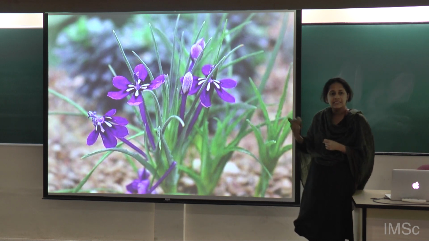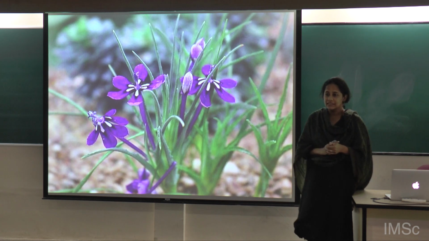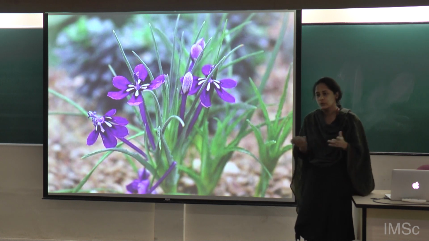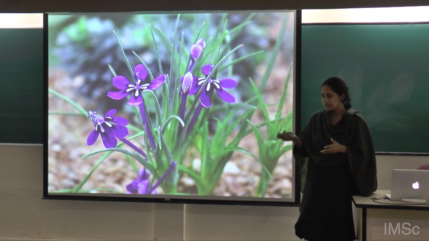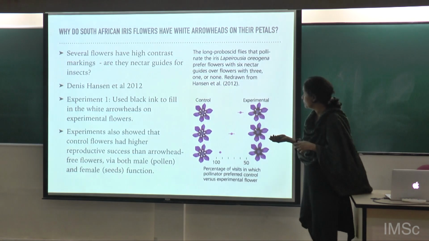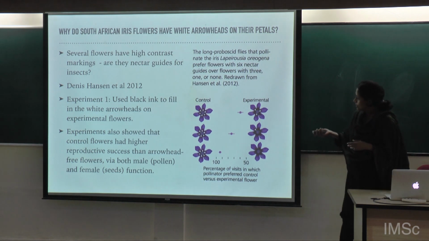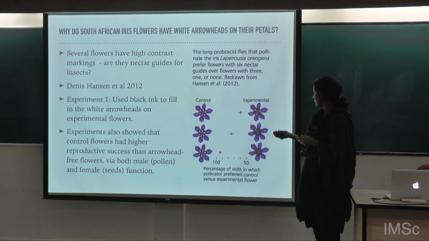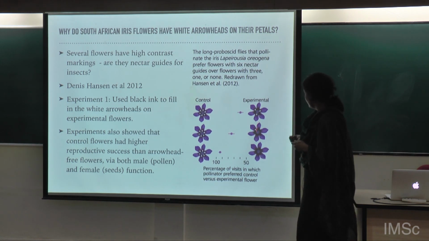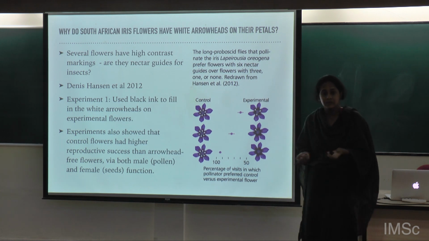It should be quite easy to conduct an experiment to test this, right? Remove the patterns. You can just paint over and block the patterns for some flowers and let some flowers have the patterns and see what happens. You have an experimental setup and a control setup, and you can even modify your experiment with different numbers of patterns.